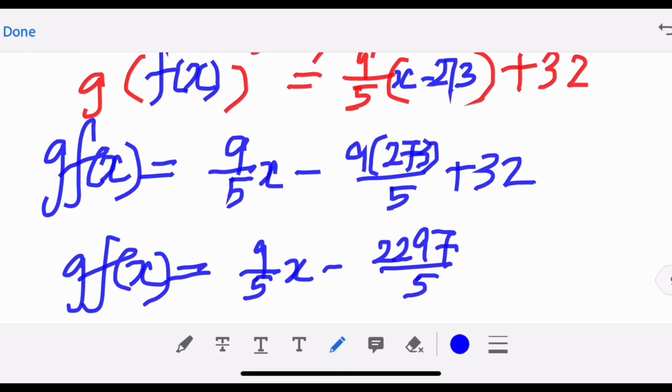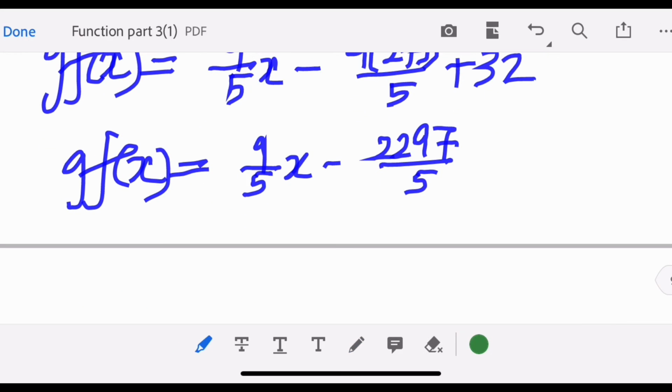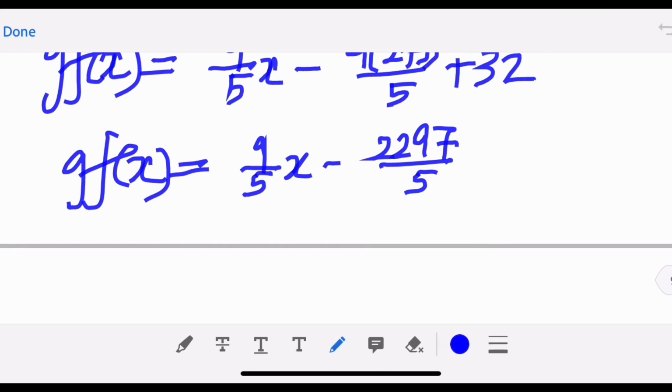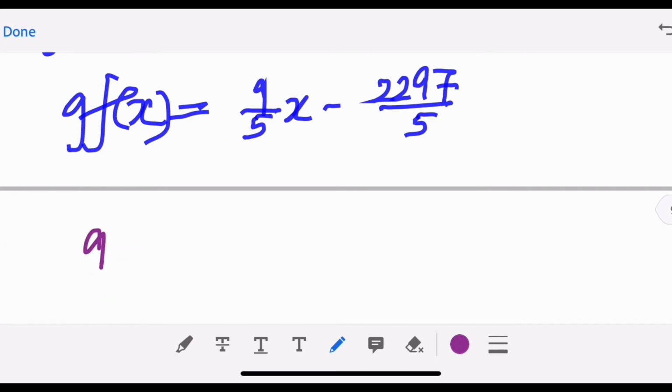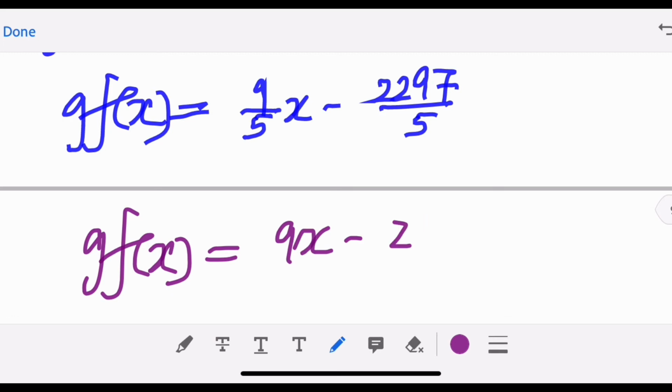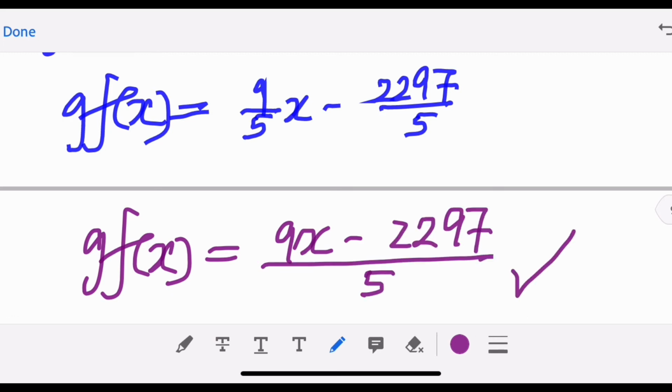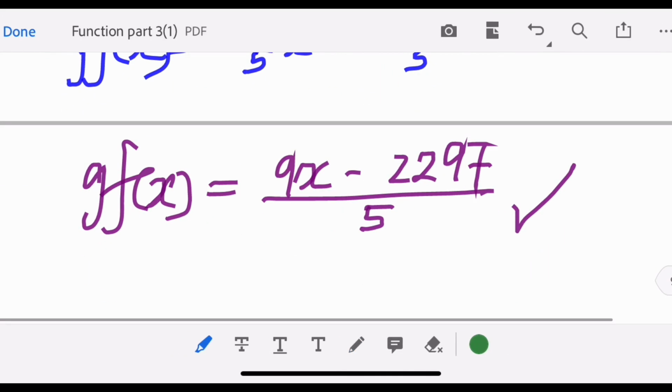Is this answer considered the simplest answer? Some of you might wonder whether to leave the answer like this or like this. Many students wonder which one is a better answer. If you ask me, this one is the best answer, and you will be given full marks for this.